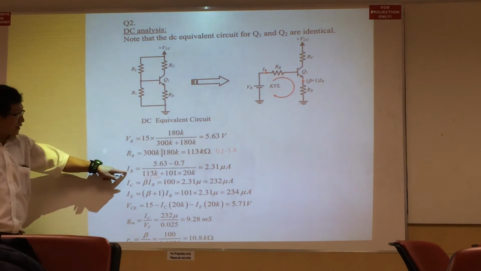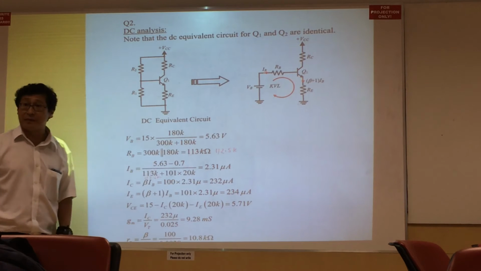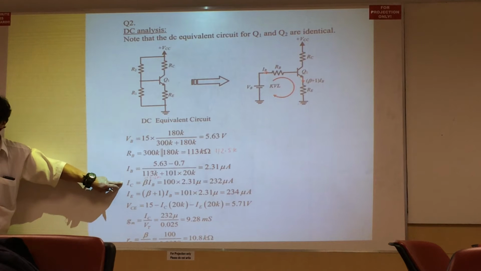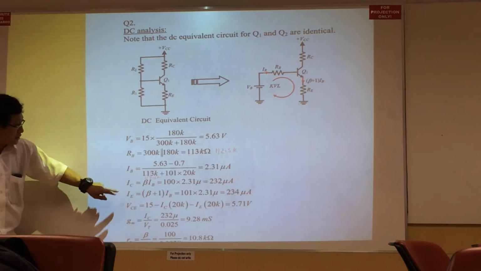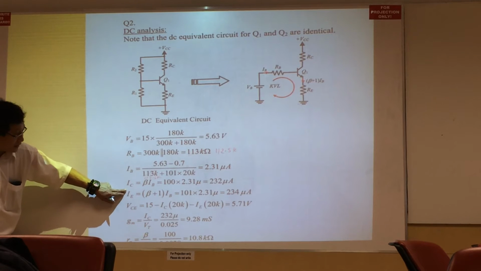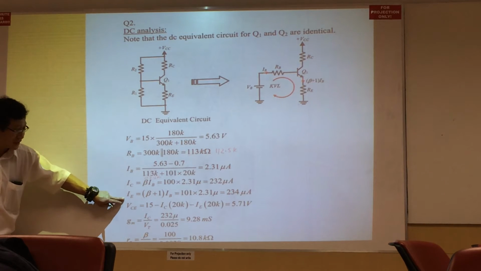So IB can be found to be 2.13 microampere. Once you find out IB, you can find out IC, because IC is beta times IB. You can also find out IE, because IE is beta plus 1 times IB, and therefore these three currents are known.